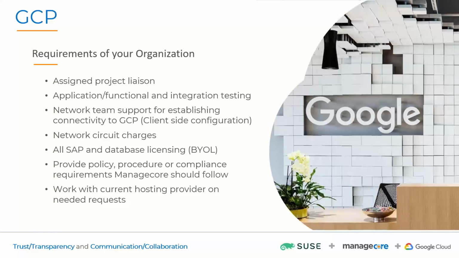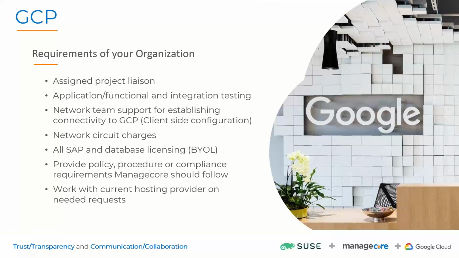And then the database and SAP licensing, right? That is BYOL. GCP doesn't resell SAP. It doesn't resell the HANA licensing. You have to procure that from SAP, which you already have if you're running SAP. It's just a matter of making sure that you have a current contract when we move you, and that you're on support so that we can migrate you seamlessly, under the supervision of SAP, allowing us to open messages and things like that should we run into problems.